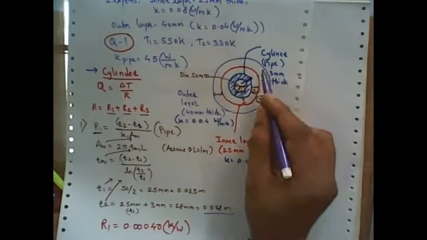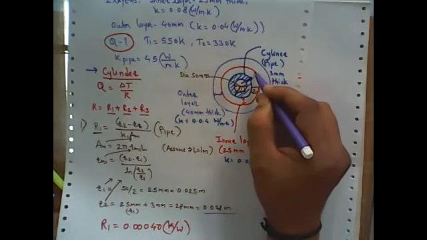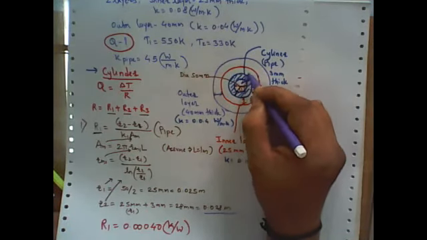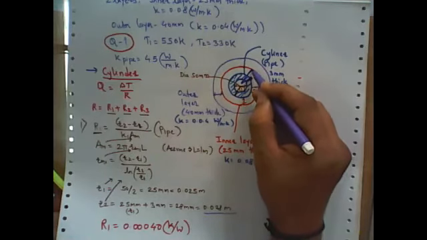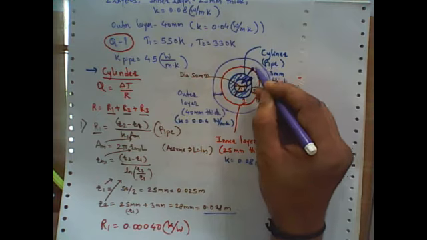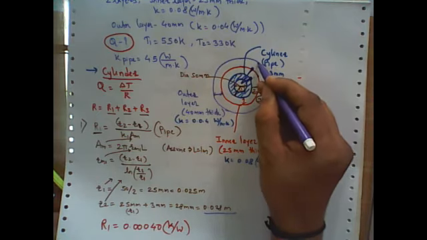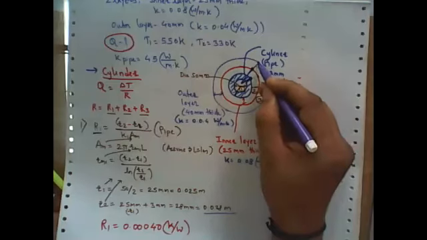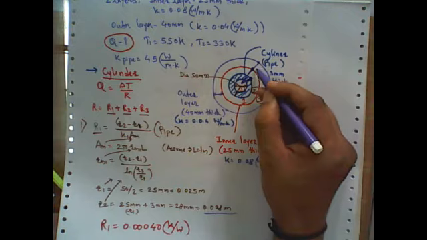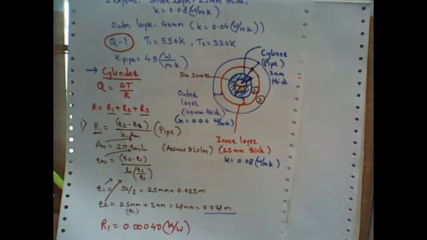The outer radius of this inner layer is the inner radius for this outer layer. And after adding the thickness, this becomes the outer radius for the outer layer, right? So you should observe the diagram carefully.